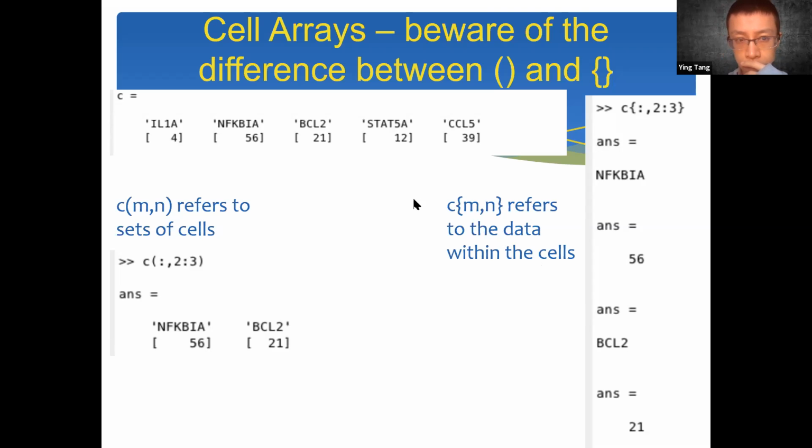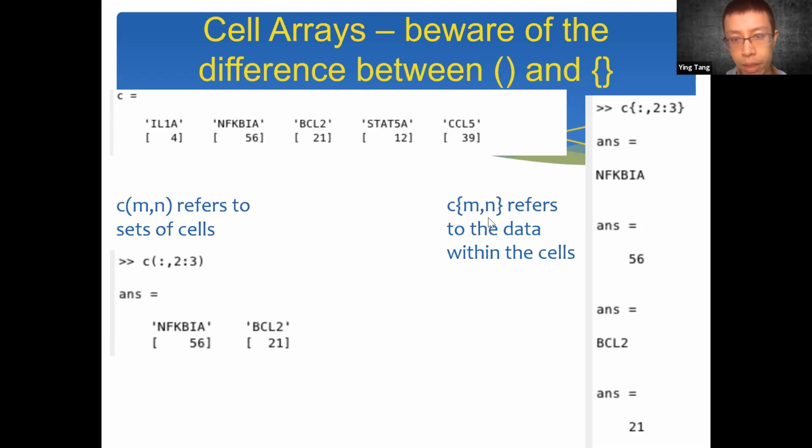Because sometimes when you want to use data inside a cell, let's say I want to take out the value of IL1A, I will print out this value. So in the sentence, I will use %d. %d is to take out the numerical value. Then I need to use big bracket to take out this value.